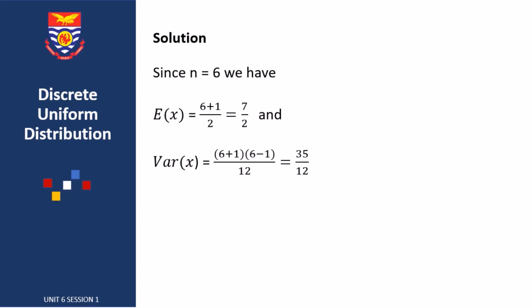The expectation is (n plus 1) over 2, so with n equal to 6, we have (6 plus 1) over 2, which gives us 7 on 2. The variance is (n plus 1) multiplied by (n minus 1), all on 12. That gives us (6 plus 1) multiplied by (6 minus 1), which is 7 times 5, that's 35, all on 12. So our variance will be equal to 35 on 12.